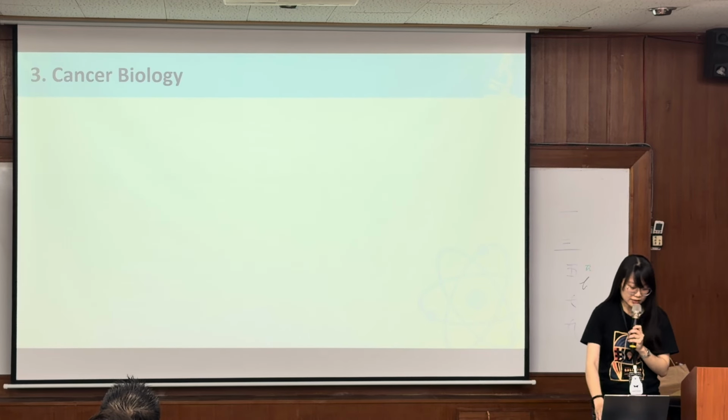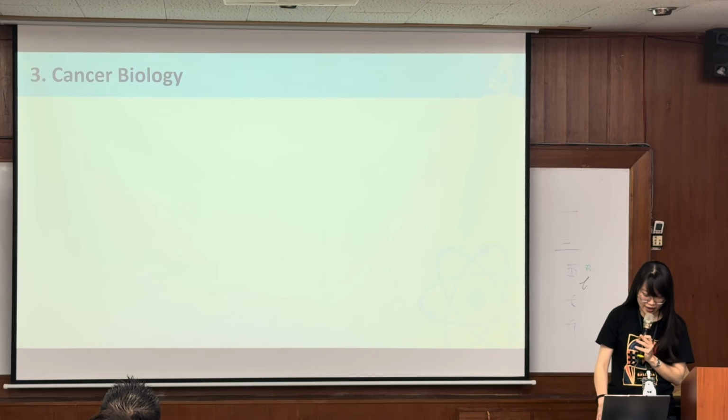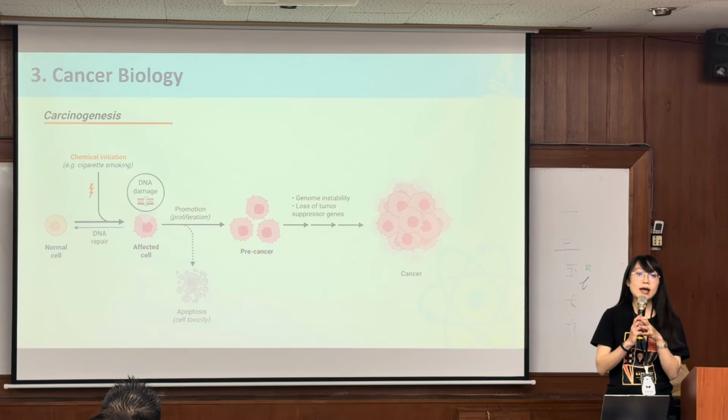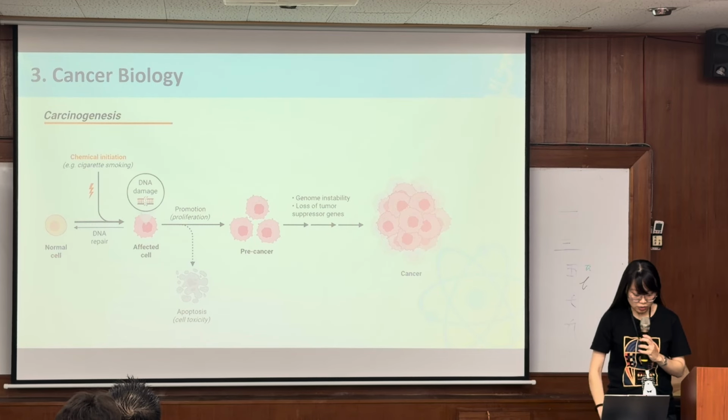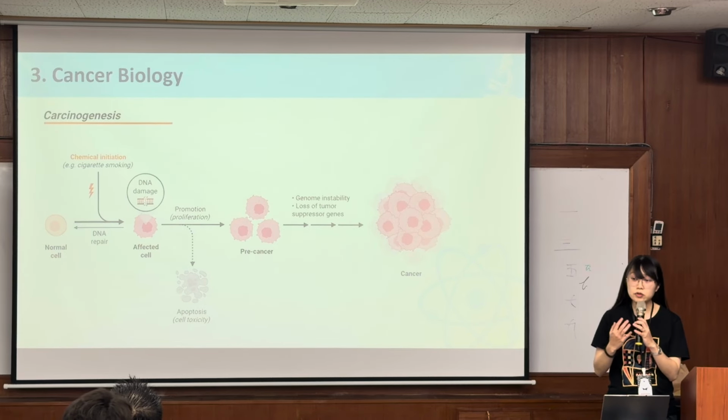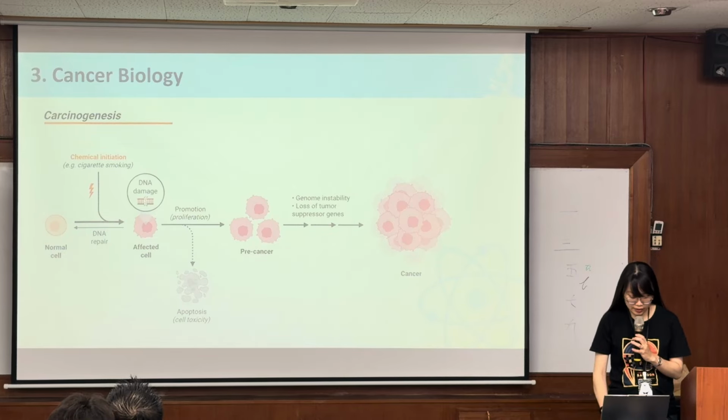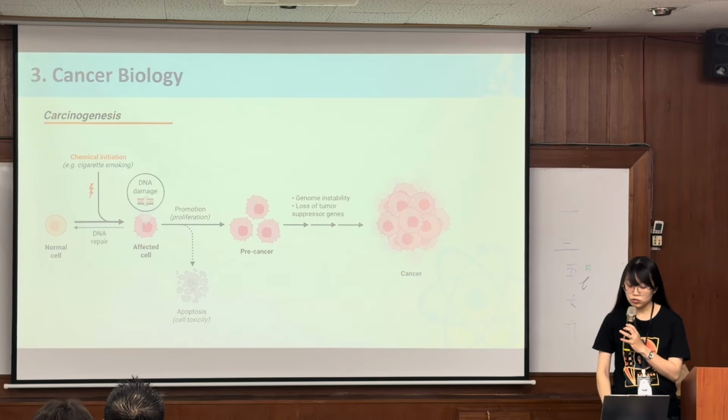And so the last part is cancer biology. Why cancer arises is still a big unsolved question. We only know that carcinogenesis induces a lot of mutations in normal cells, and these mutated cells go out of control, proliferating a lot, and become cancer.